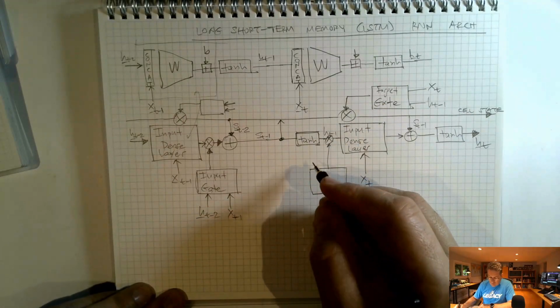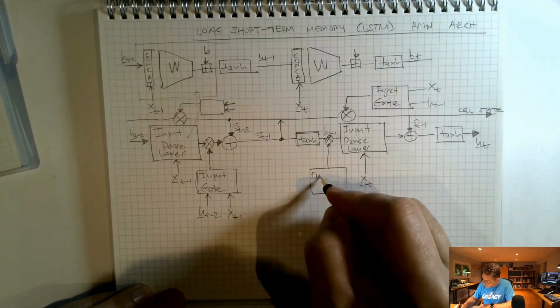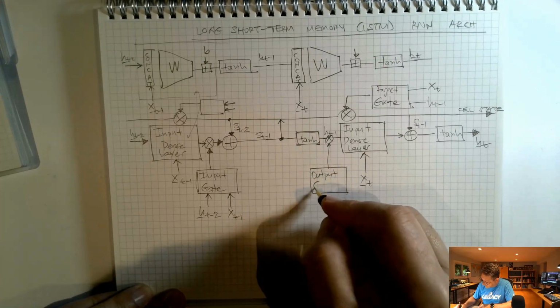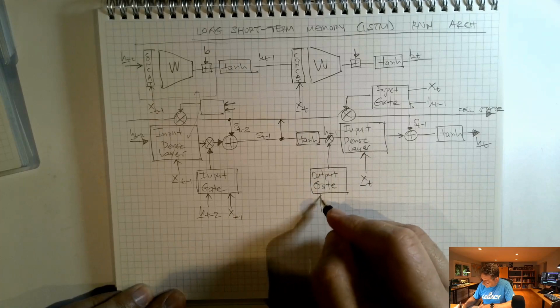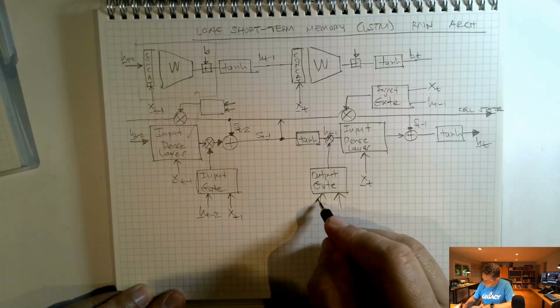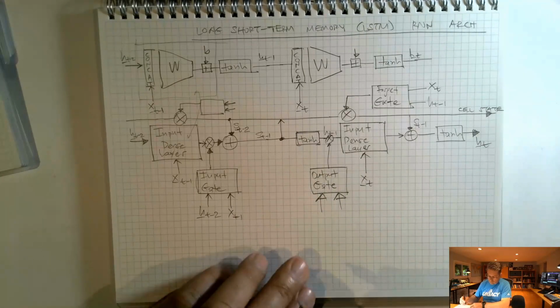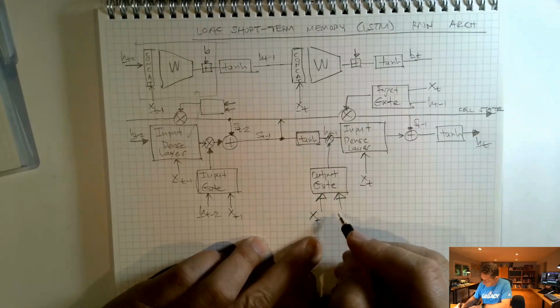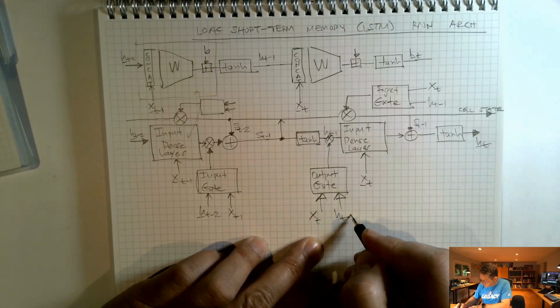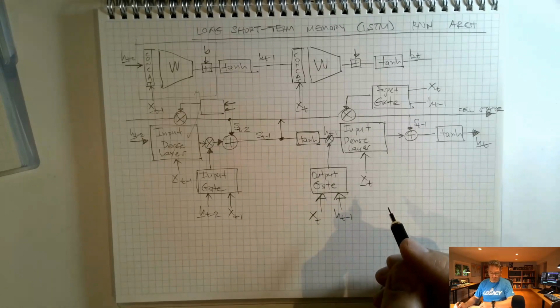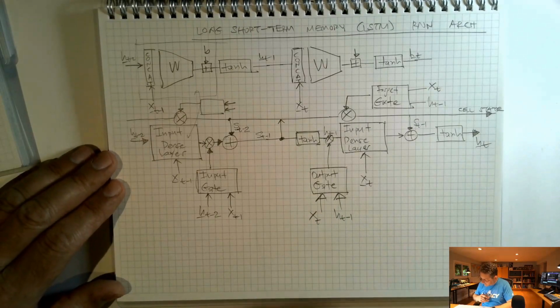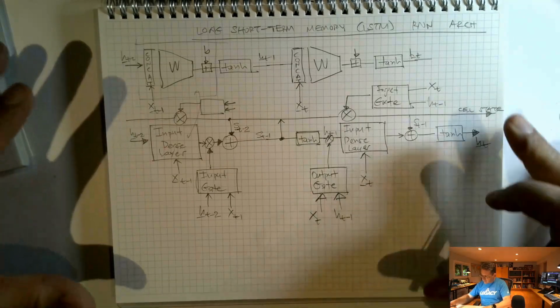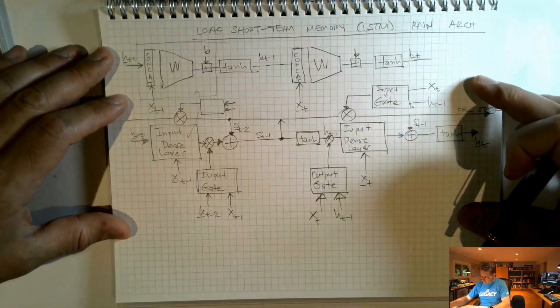So this is going to be called the output gate. And this will be the xt, ht minus 1. Okay, and this is basically all the changes, at least in terms of block diagram, that we would like to introduce.